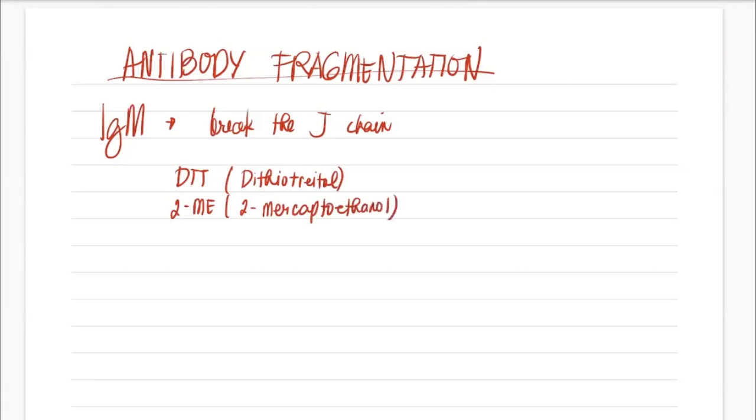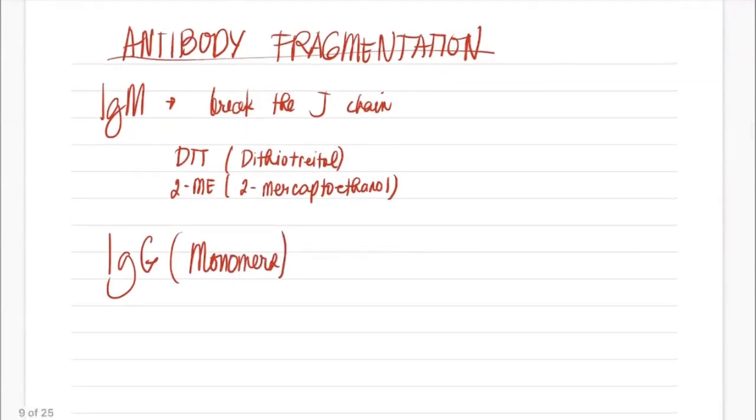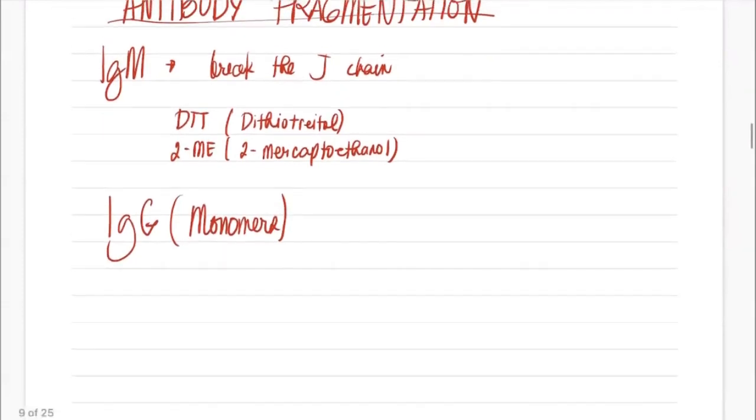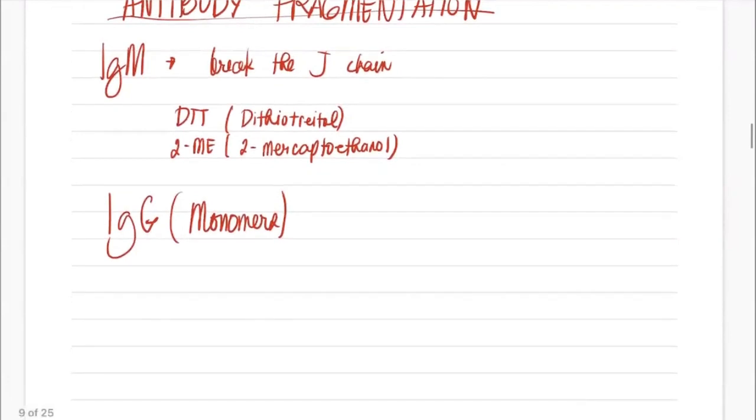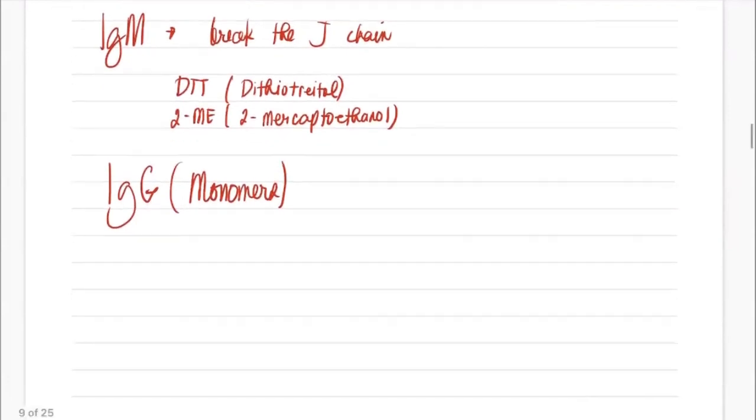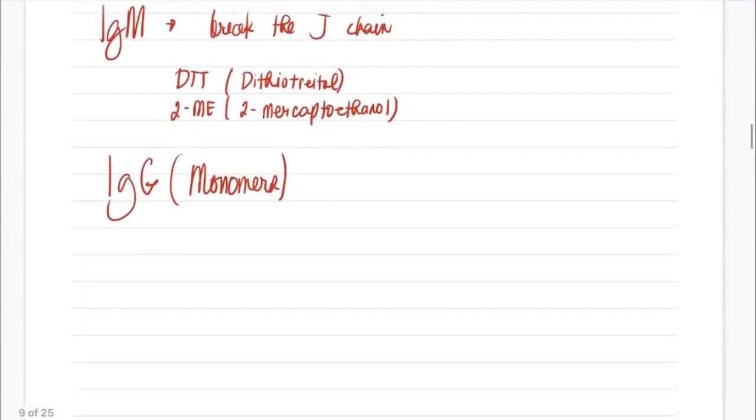Now, if we are to break IgG, the monomers, into several fragments, we have two techniques. We have the use of pepsin, and the other one is the use of papain.